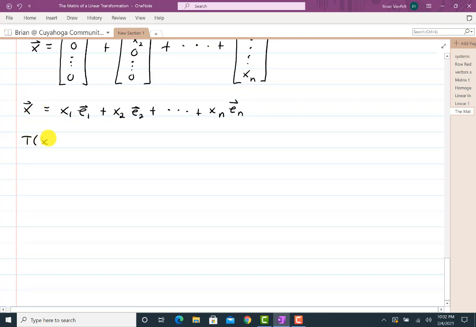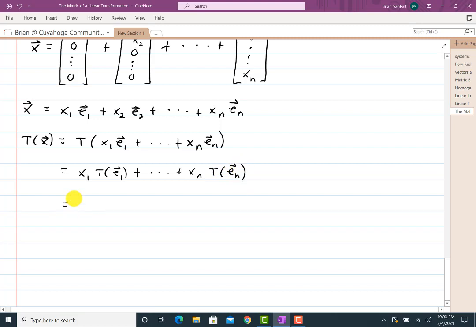T of x then will equal T of x1 e1 up to xn en. And of course we can break this up: x1 T of e1 plus dot dot dot plus xn T of en.